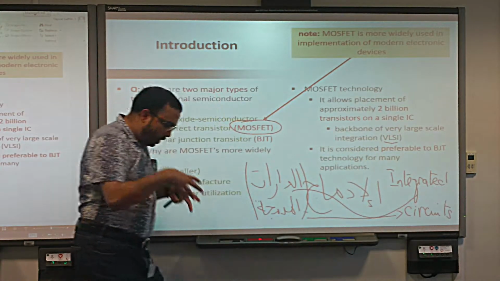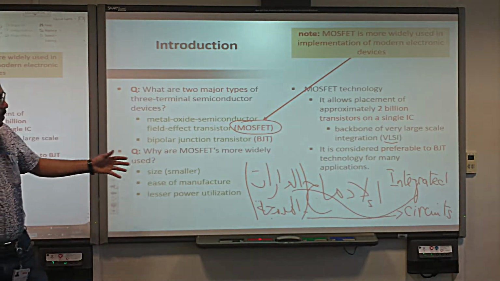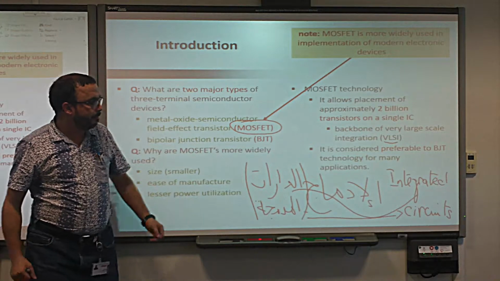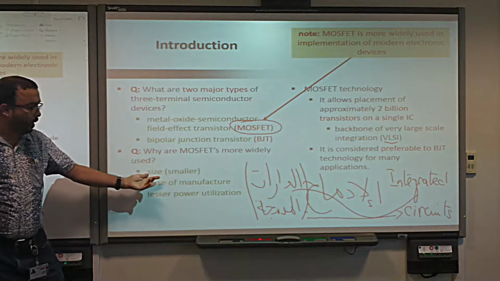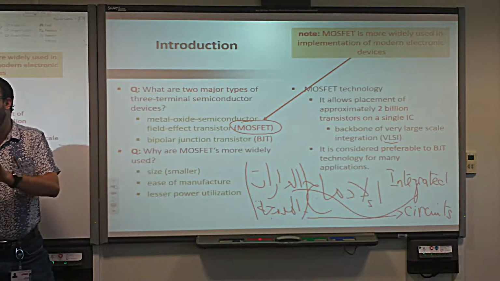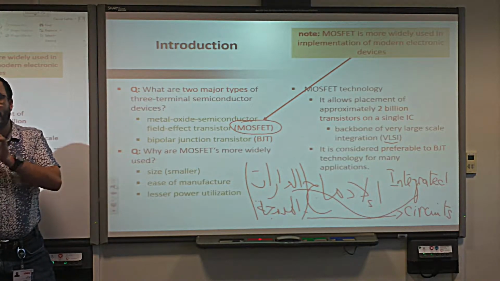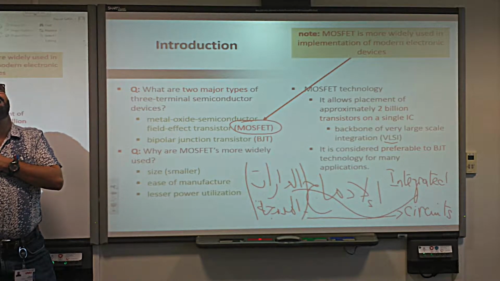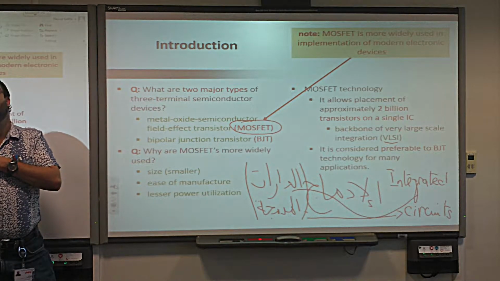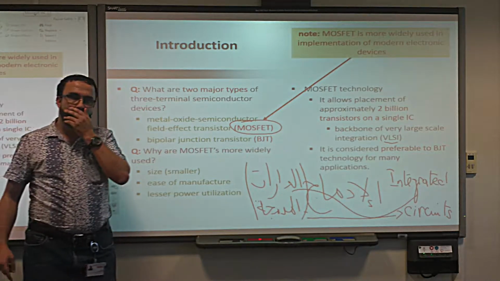And mudmaja means integrated. So nowadays you find this everywhere. But why? Because MOSFETs are actually smaller in size. When you make them, you can make them really, really small, less than a tenth of a micron.